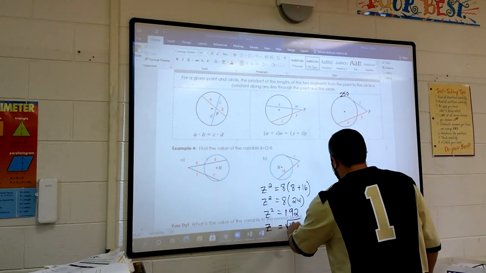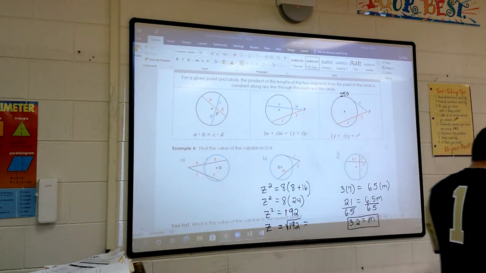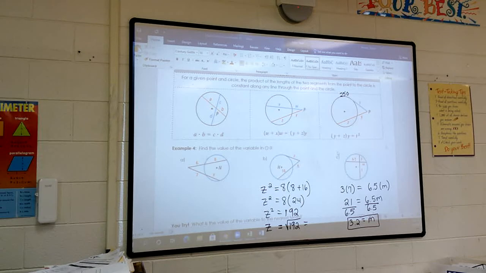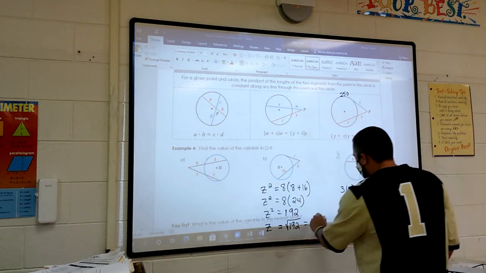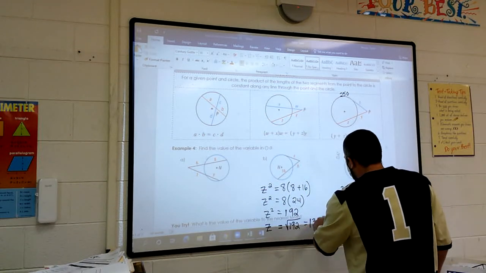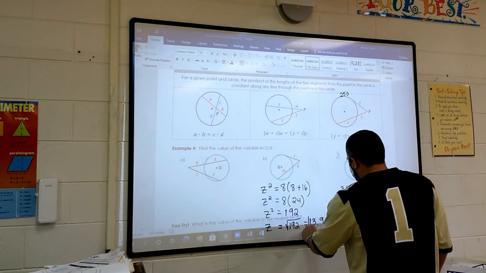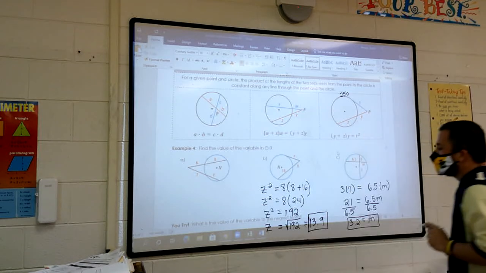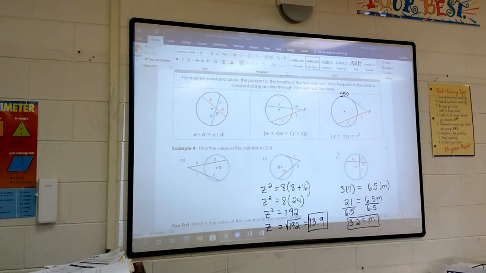Now that does not come out evenly, but we'll round it to 1 decimal like we've been doing. So when we do the square root of 192, we can get 13.9. Okay? So anytime you put it in a calculator, if it doesn't come out evenly, just like it did in the other one, you can round it to 1 decimal place. So we end up with the answer of 13.9. And we've got that.